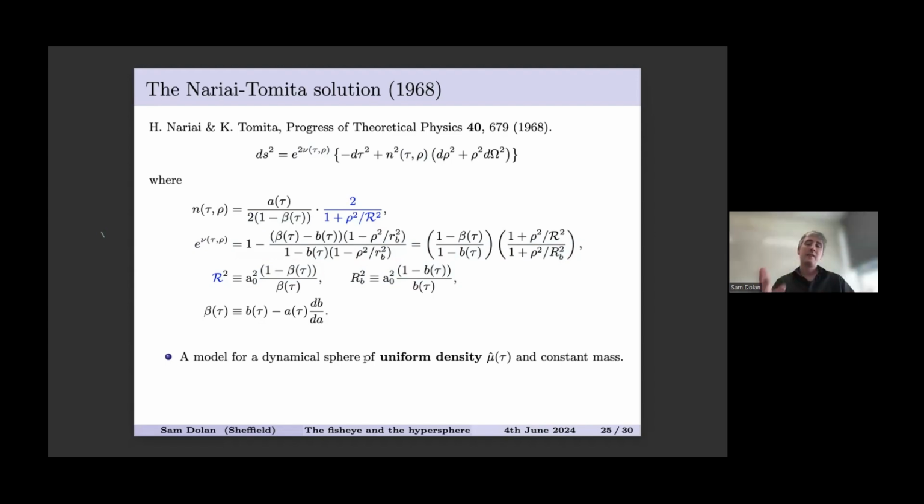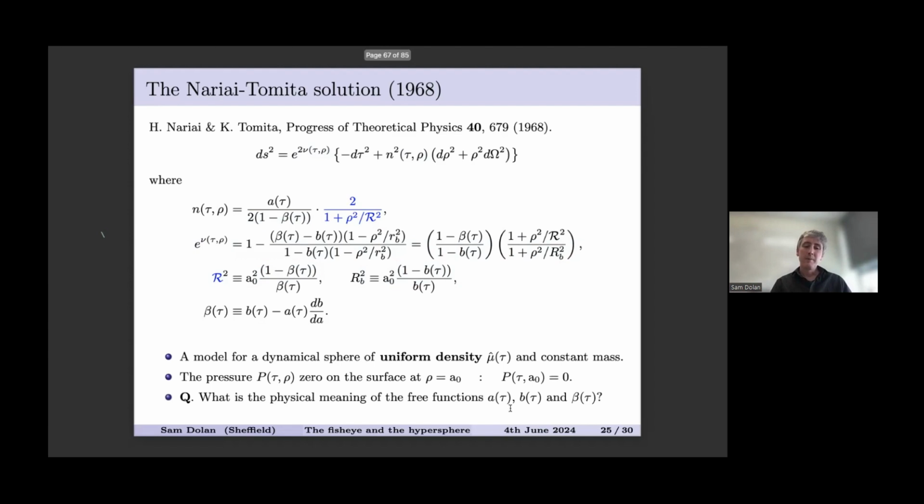And this solution satisfies the Einstein field equations once you impose certain conditions on these free functions. So there's one equation, but there are three free functions here.